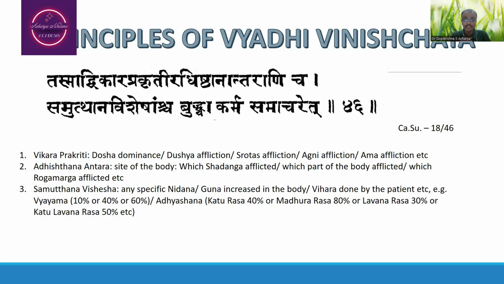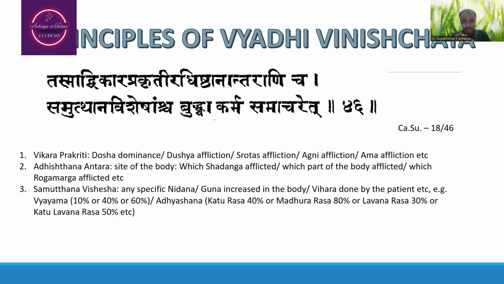Suppose the person is doing katu rasa as well as amla rasa sevana, both at 40 percent, in that situation it is the pitta dosha that may be increased to the maximum extent, and then there may be a possibility of vata dosha vitiation.